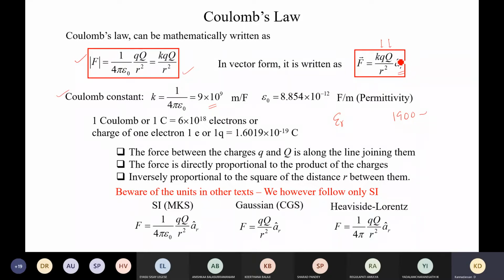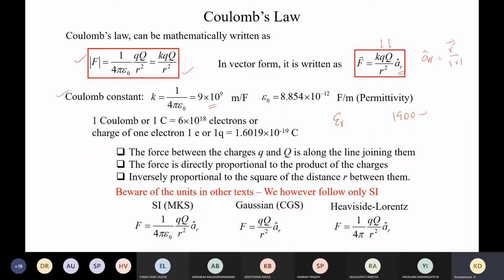The unit vector is the R vector divided by the magnitude of R, so in the denominator, r cube will come. That is what we have to keep in mind.